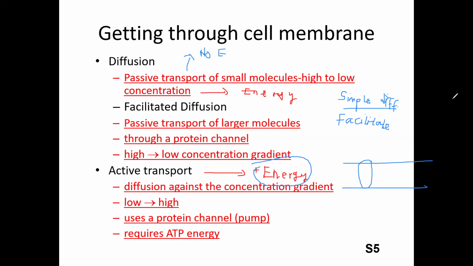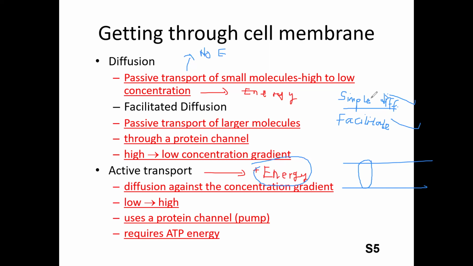Passive transport is divided into simple diffusion and facilitated diffusion. In simple diffusion, small molecules just move from the region of high concentration to the region of lower concentration through the cell membrane. As a result, it doesn't require any carrier, and there is no need for any protein channel. That is like a door where it will pass.